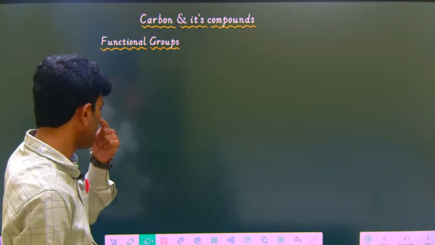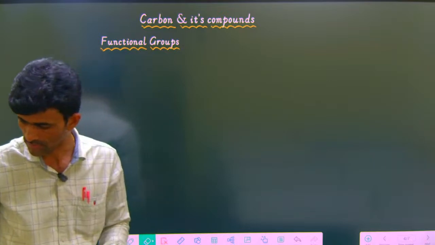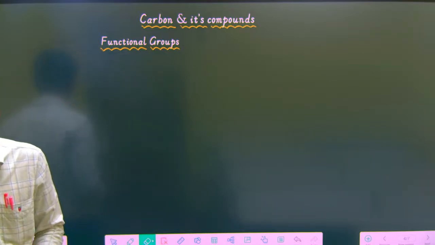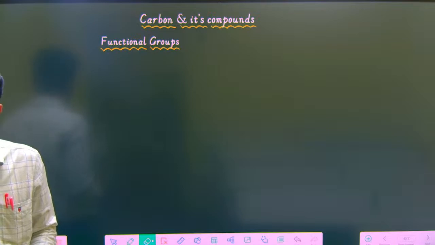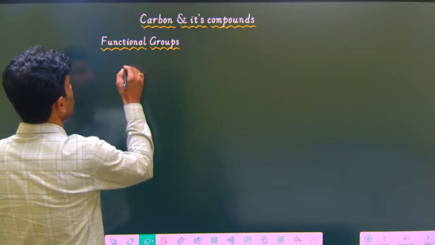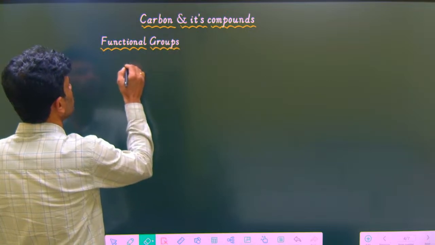Next we have functional groups. Because you are at the end of the academic year, I hope you all know the different types of functional groups and their symbols. First, we have the halogen group.